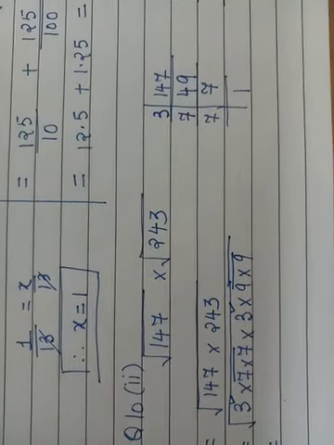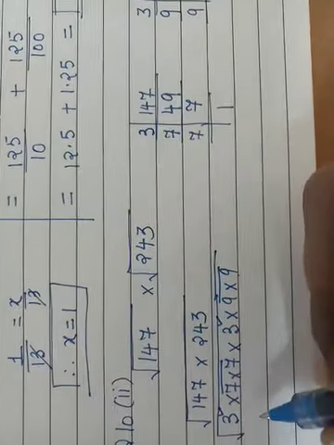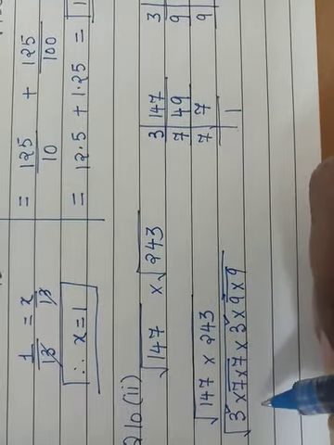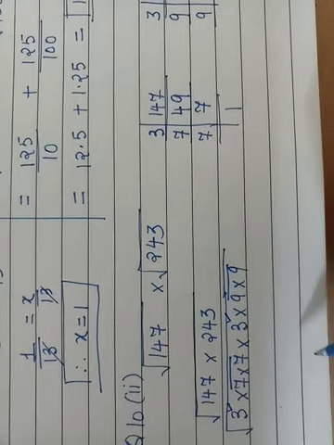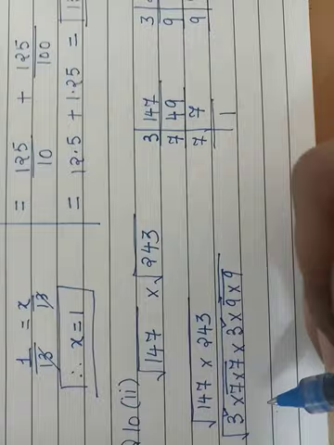The moment we write the square root of the given expression, we remove the square root sign and from each pair we write only one number.